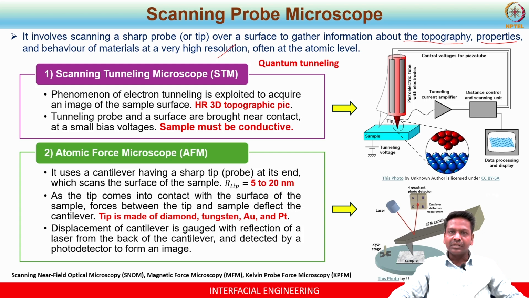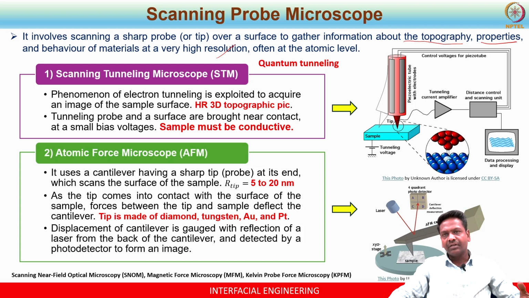Now when this force is experienced by the tip, it causes the cantilever to deflect. Laser light is sent at the back of the cantilever, and this deflection is traced by the laser light. As you scan the surface, whenever there is a change in the force, it causes changes in the deflection as well.